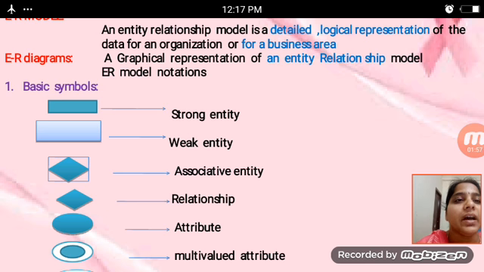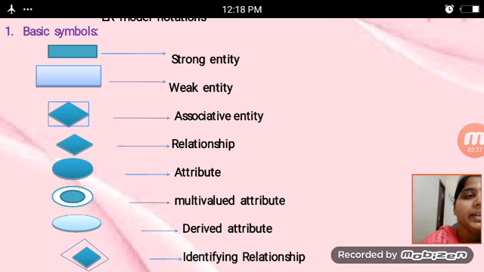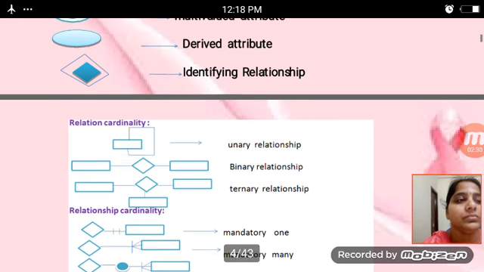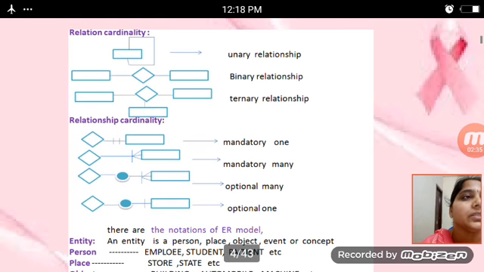Basically, the symbols I'm showing here: first one is the rectangle symbol, that is a strong entity, and then the next one is a weak entity, and the third one is the associative entity, and the fourth one, the rhombus symbol, is the relationship, and then attribute and multi-valued attribute, and then derived attribute and identifying relationship. These are the symbols we are using for the entities.